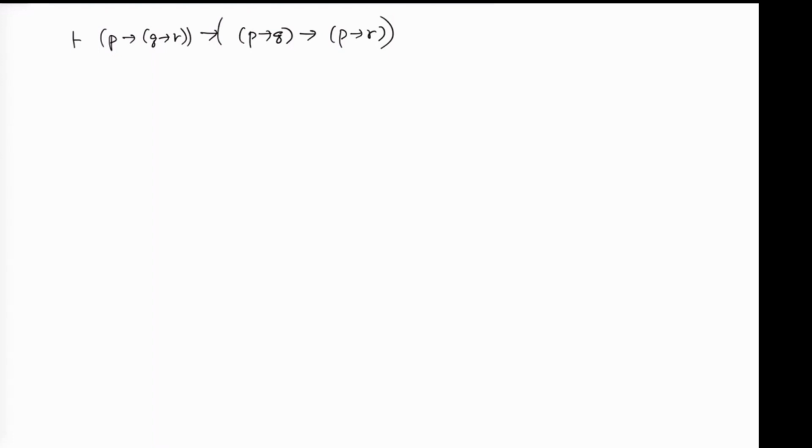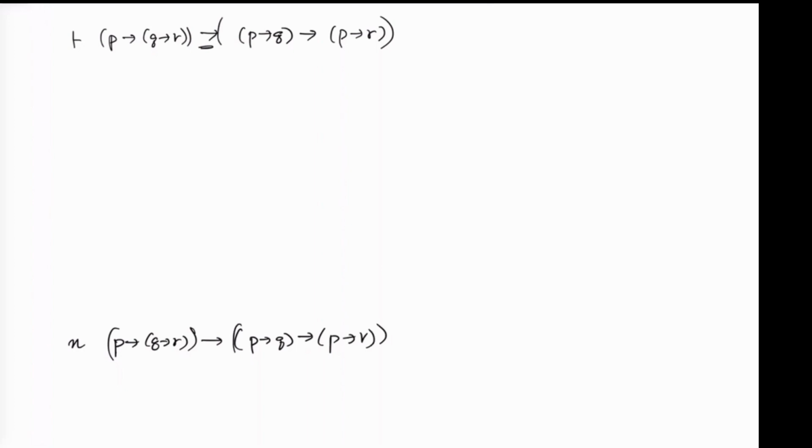This one has implication as the root node of the parse tree. So basically at the very last line, line N, we want to have P implies Q implies R. So this should be your last line.